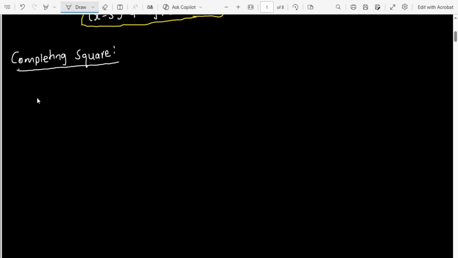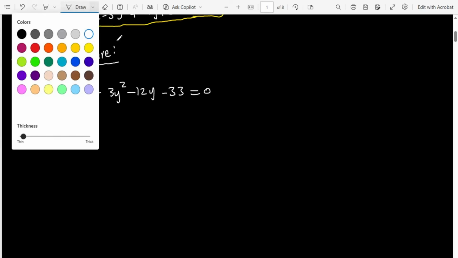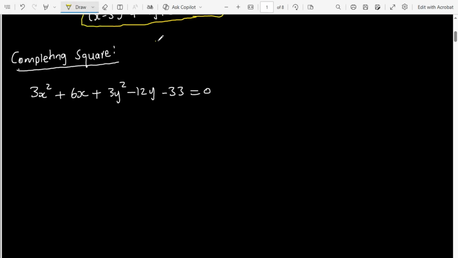So let's say you are given the equation of the circle as 3x squared plus 6x plus 3y squared minus 12y minus 33, and let's say this is equal to 0. They'll ask you to take this information and determine the equation of the circle and the radius.